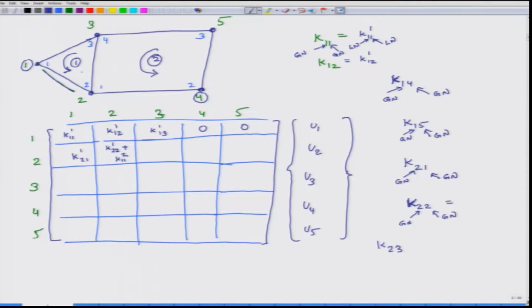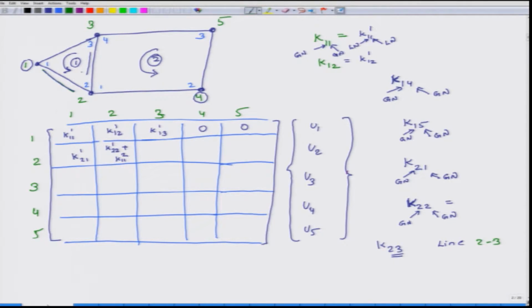Now, let us look at K23. So, K23 corresponds to this line. These are global nodes. Again, this line 23, you get contributions from both the elements, so these are again global nodes, so I will write them in green.